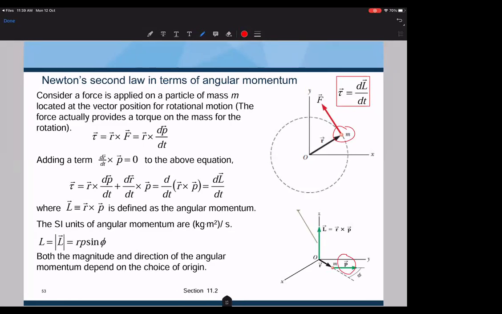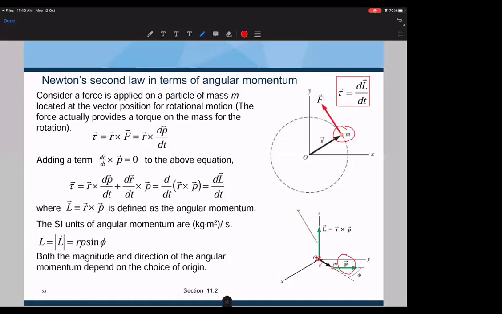And as long as it is away from the axis of rotation that we consider, then we could say that it has an angular momentum about this axis of rotation. It is defined in this way.